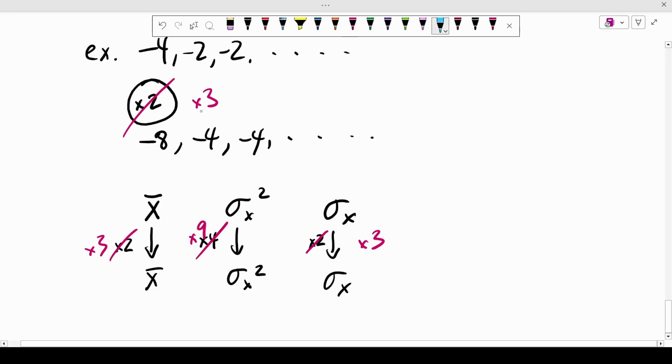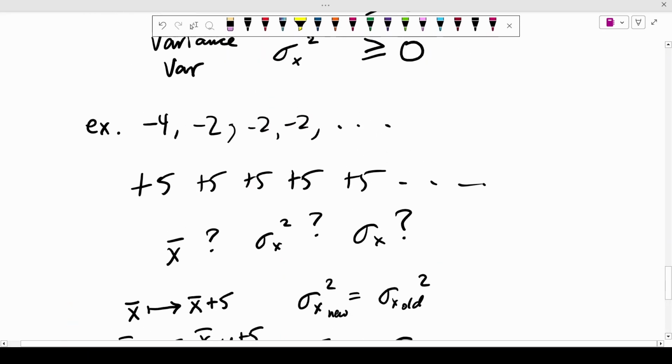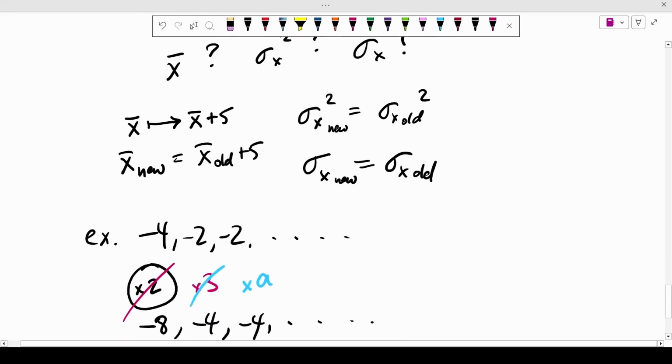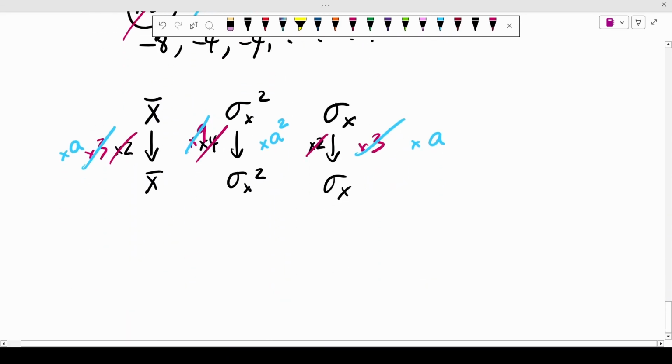And in general, if you multiply every single data point by A, then you have multiplied your mean by A, you have multiplied your standard deviation by A, and you have multiplied your variance by A squared. Okay? This example and the previous example where you're adding a constant to all the data, these are very important to make sure you know.